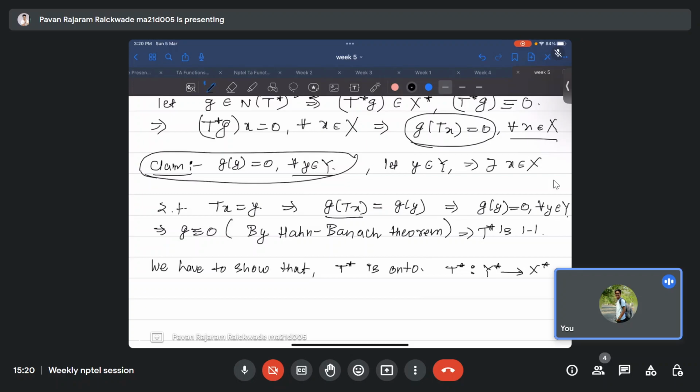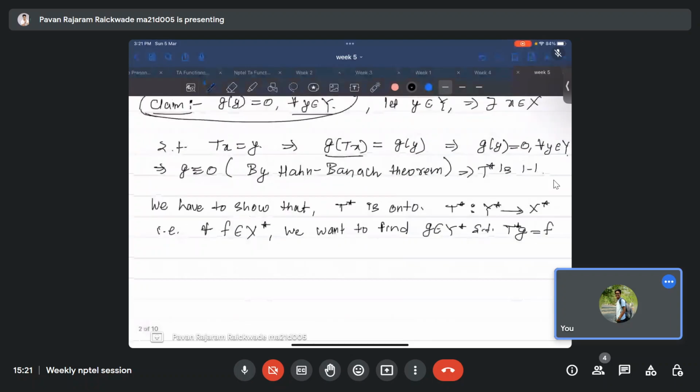That means for every linear functional f belonging to X star, we want to find a G belonging to Y star such that T star of G is equal to f. This is what we want. So we are given an f belonging to X star, and T from X to Y is a bijective operator, we know. Actually, it's an invertible operator.